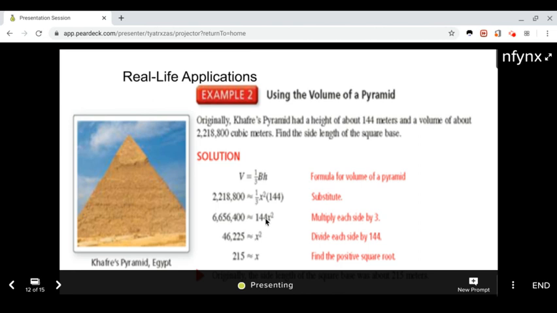And then we're going to divide both sides by 144. And then we're going to take the square root of that, and we have x is about 215. And so obviously they forgot the units. Since we're talking about meters, you would make sure that you're talking about meters as well.